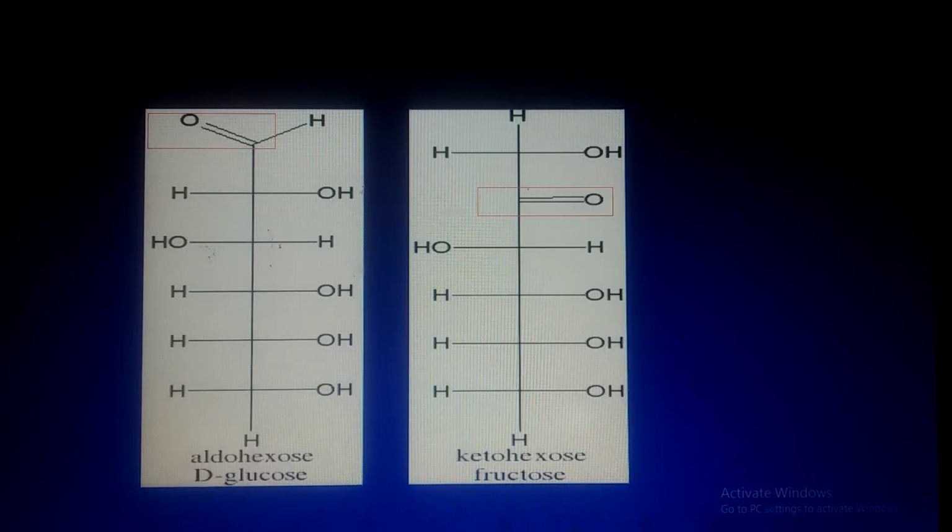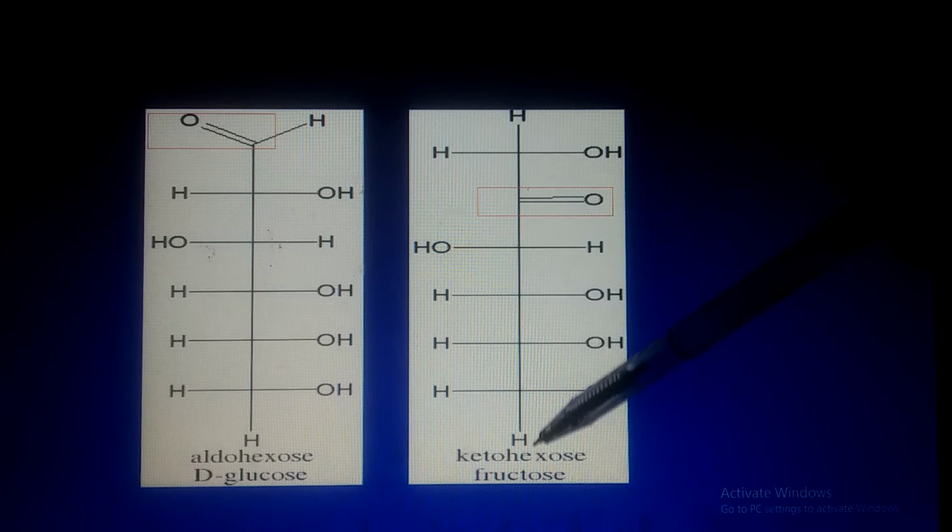So you can see here glucose and fructose, both 6 carbon containing biomolecules and monosaccharides. They are the simplest monosaccharides. This is glucose, this is fructose, and you can see the difference. In glucose, this is the aldehyde group, and in fructose there is a ketone group.